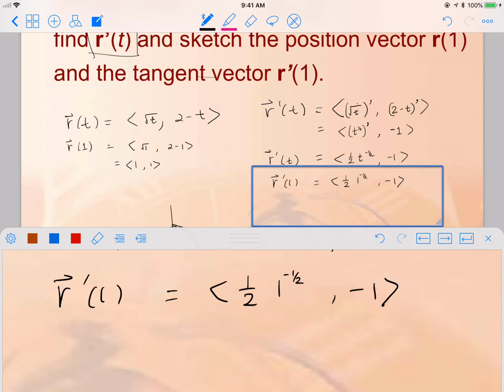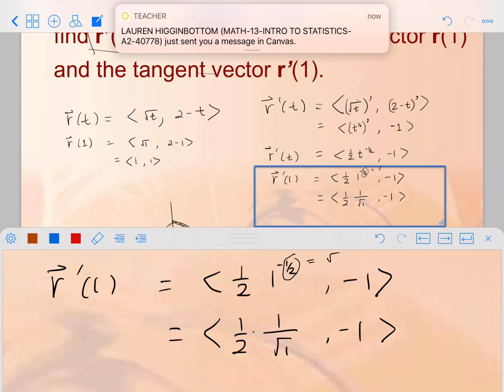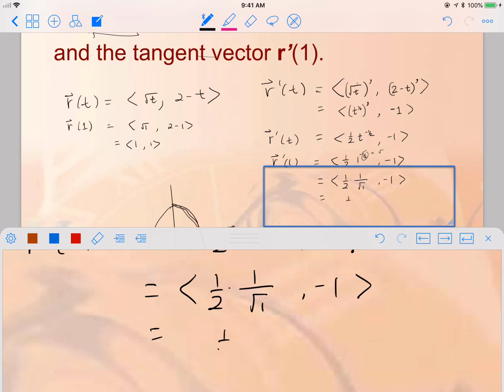Now, what is 1 to the negative 1/2? That is 1 over the square root of 1, because remember, the 1/2 means the square root, and the negative means you're going to take the reciprocal. So we just end up with 1/2, comma negative 1.